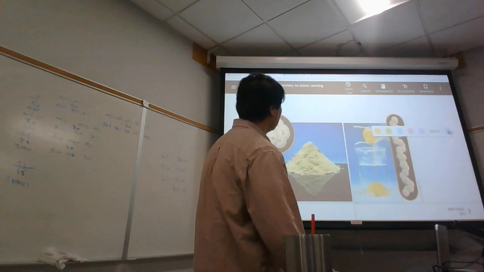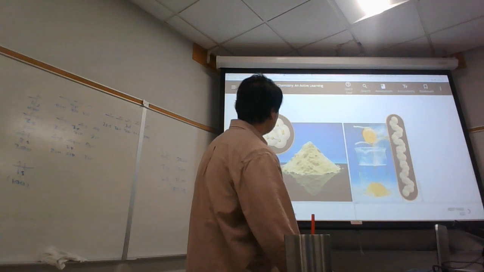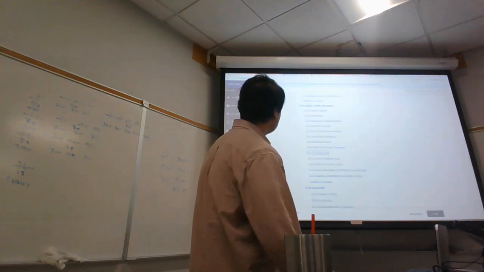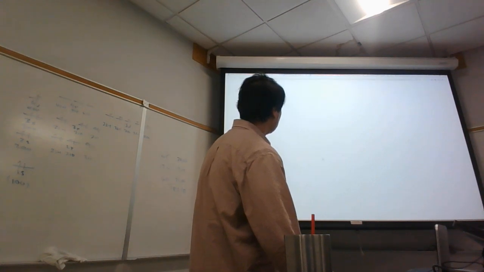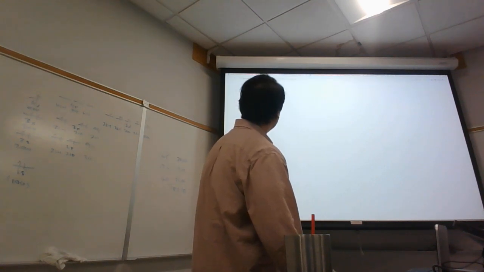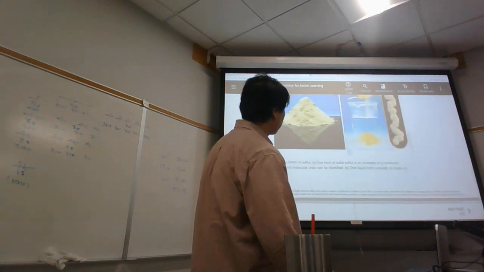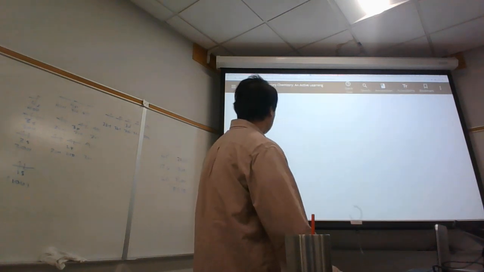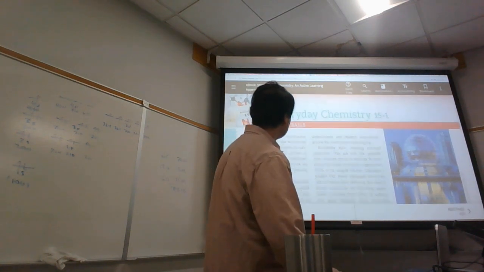Sulfur melts at about 100 degrees C. And when you melt it, you're just breaking apart the molecules from one another, which takes relatively small amounts of energy for molecular solids.